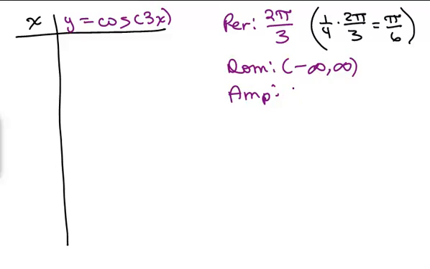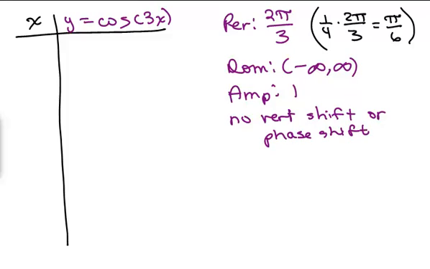So basically the amplitude's 1, the absolute value of 1. So what about any vertical shift or phase shift? There's nothing added or subtracted in the parentheses, so there's no vertical shift or phase shift.